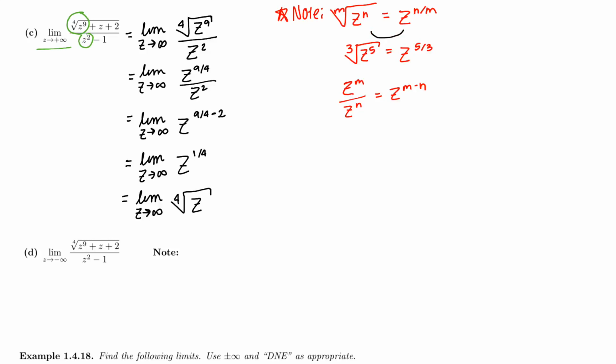So you're doing the backwards version of this: this would be a 1, and the m would be a 4. Plugging in infinity, you have the fourth root of infinity, and the fourth root of infinity is just infinity.